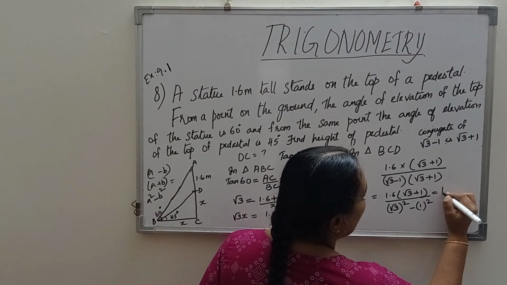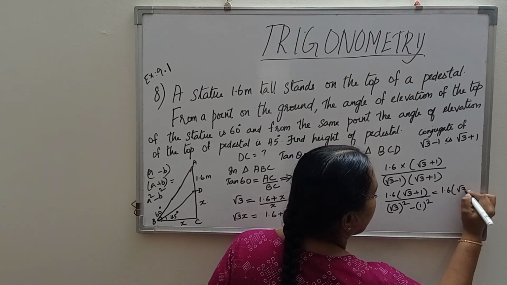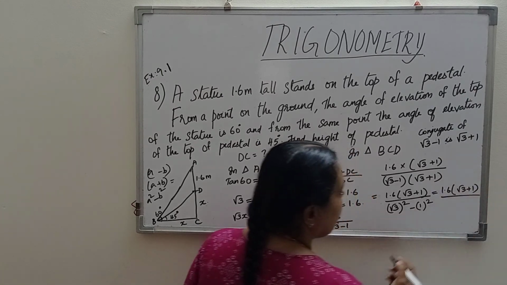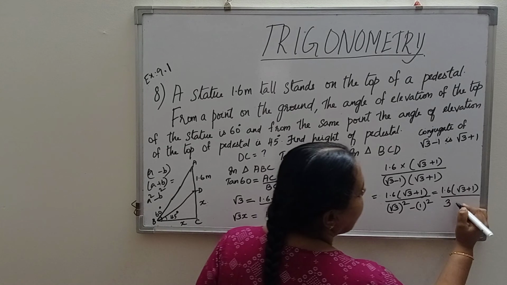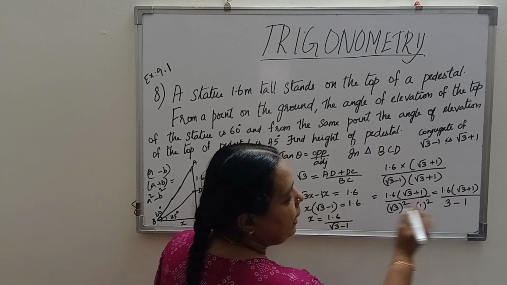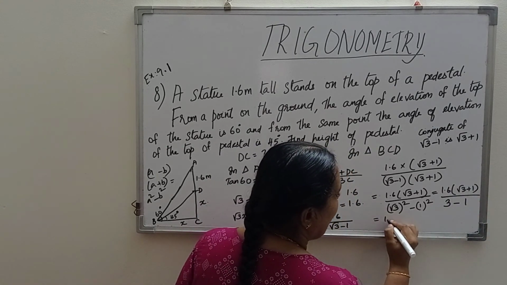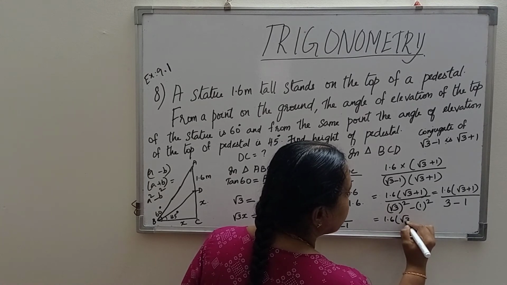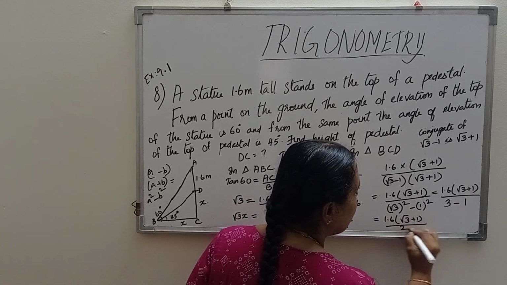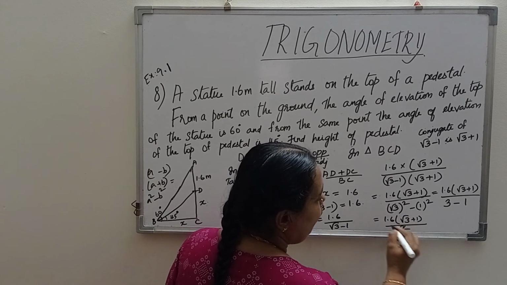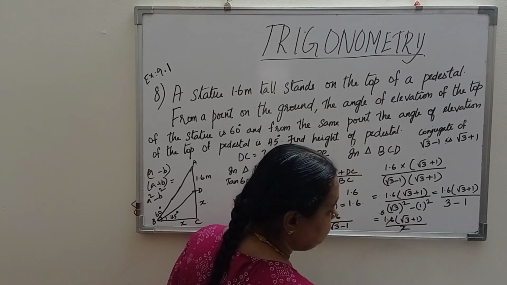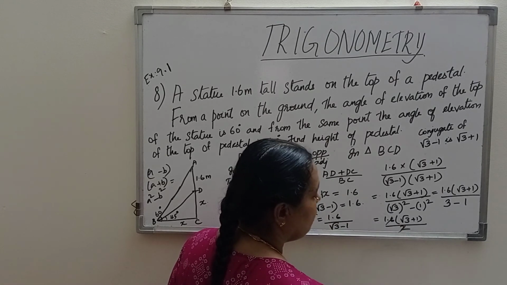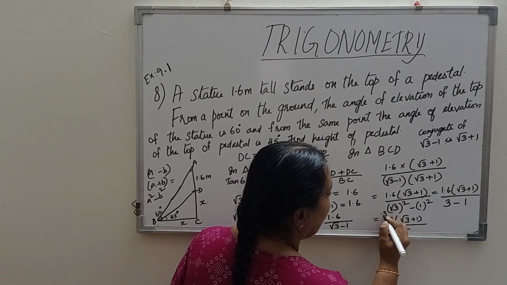That is equal to 1.6 into root 3 plus 1 divided by root 3 into root 3, which is 3, minus 1 into 1, which is 1. So 3 minus 1, that is equal to 1.6 into root 3 plus 1 by 2. 2 and 1.6 get cancelled and we will have 0.8.